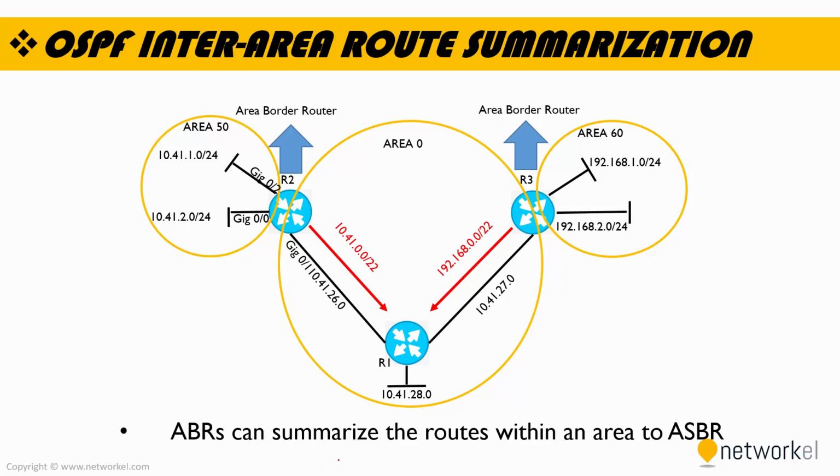ABRs can summarize the routes within an area. As you can see, we have two networks here, and we have two networks here as well. Our area border router can summarize these two routes and represent them with just a single route. And the same thing here too.